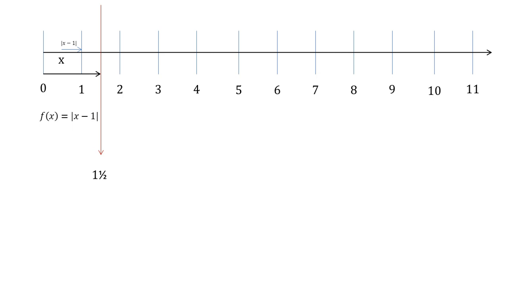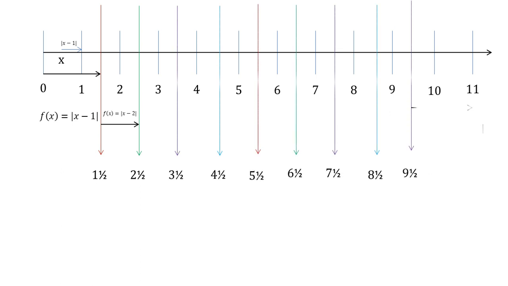Similarly, for all x between 1.5 and 2.5, f(x) will be |x-2|, as 2 is the nearest integer point. The intervals are divided in such a way that for any x, we can easily get f(x). Lastly, for any x between 9.5 and 11, the nearest integer point is 10.